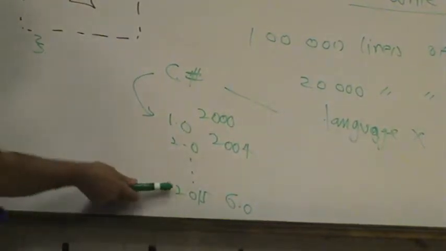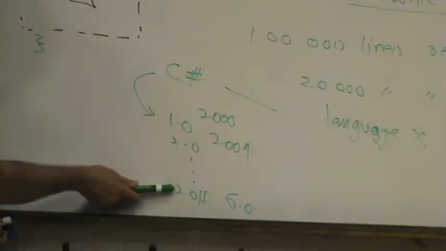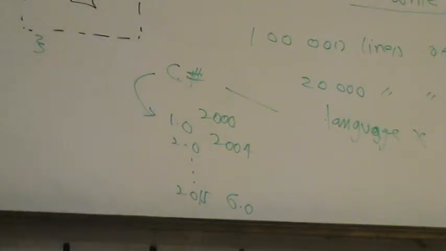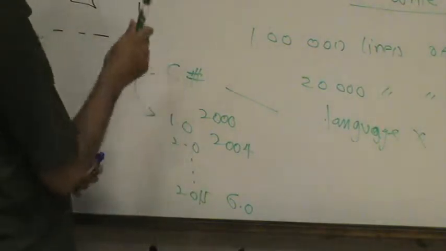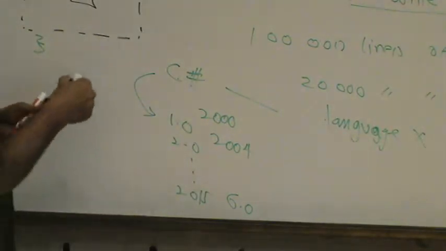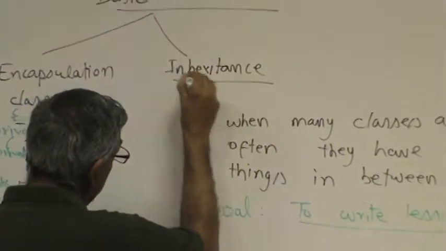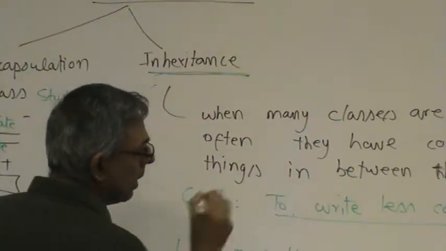So the same code, if you write it now, you'll be surprised compared to writing it back then. It's like 10 times shorter, okay? So anyway, we'll come to that part as we go along. But fundamentally speaking, why do we do inheritance? So that we write less code.